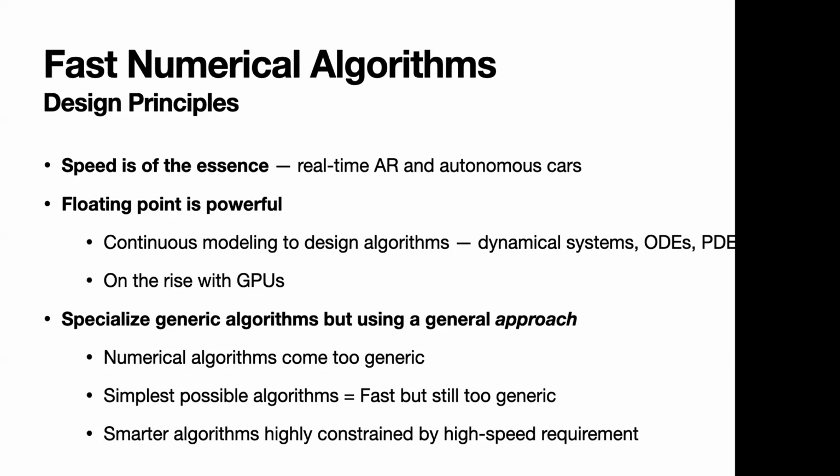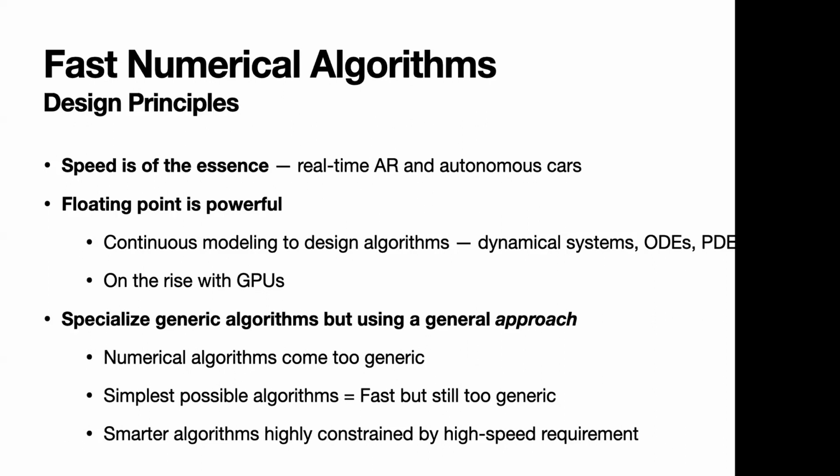That's used in all of the structure from motion packages that we have, and it's used from Eigen. Even that is very simple, but it's still too generic, right? Because what's the pivoting structure of your matrix? What are the orders of magnitude that you can have in each of the different rows of the matrix? That kind of stuff is very important to make it run in real time.